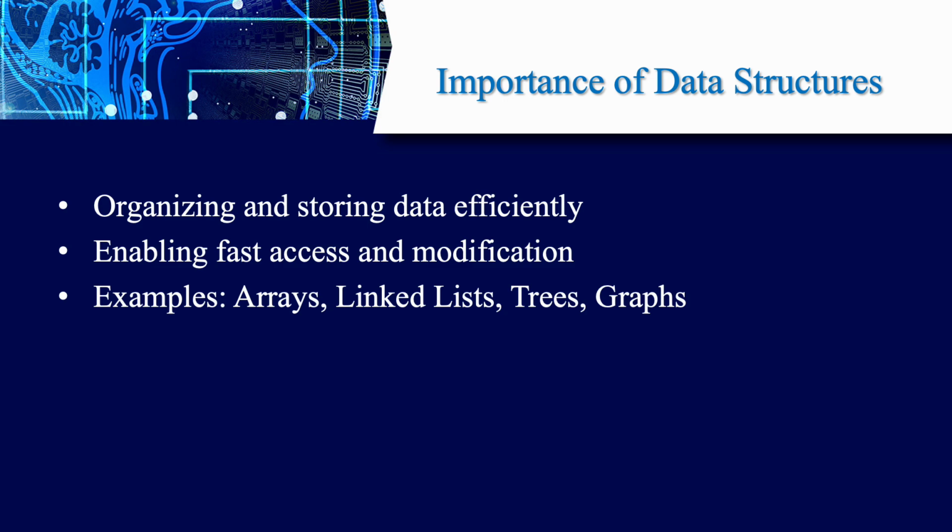Okay, let me ask one more question. If you had to store student records and you wanted to access any student's data instantly just by their roll number, what kind of structure would we choose? Think about that.